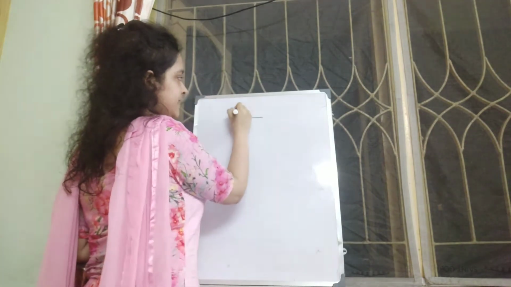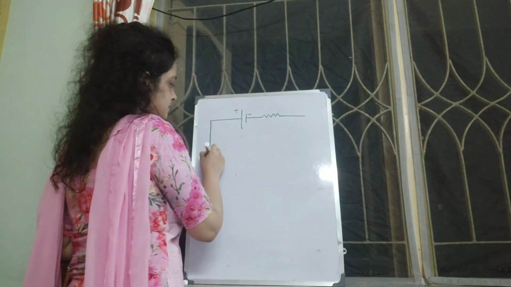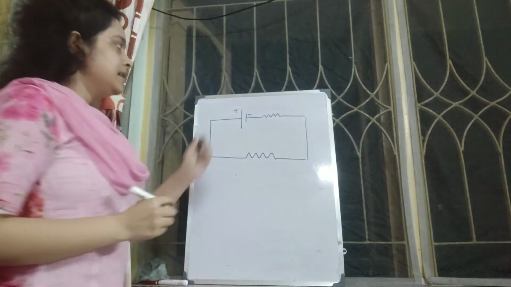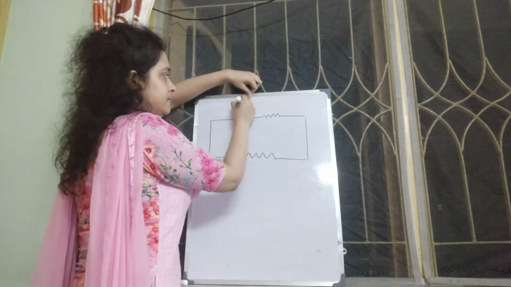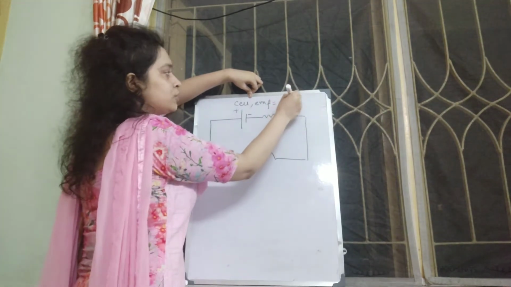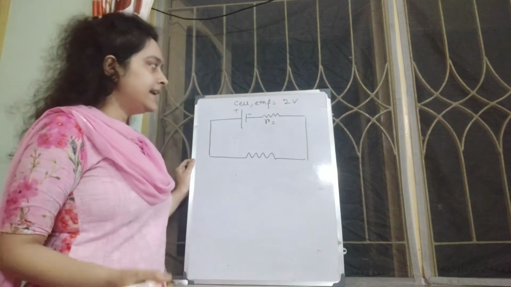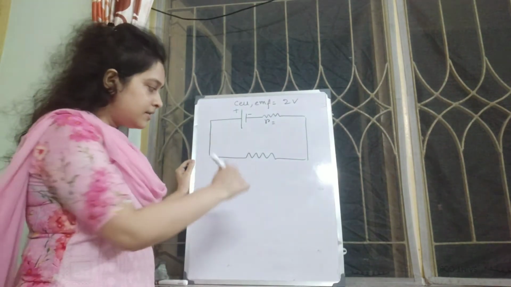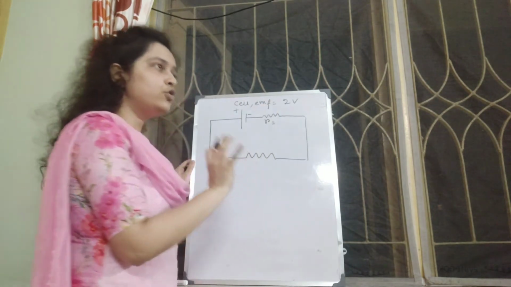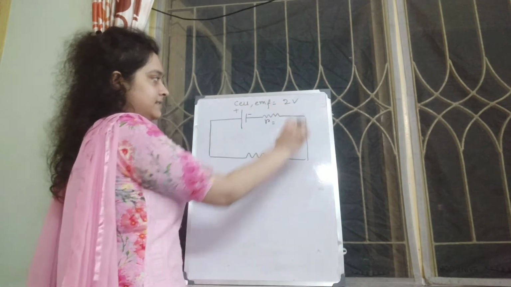This is how we denote a cell. Say the EMF is 2 volt. What is this? Internal resistance. Always we denote the internal resistance.